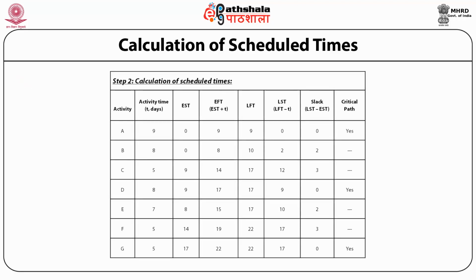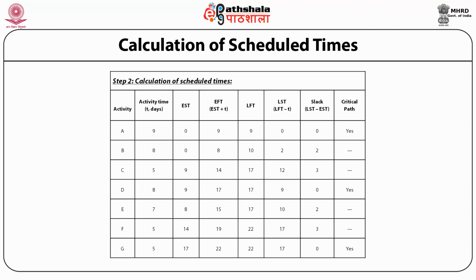Calculation of scheduled time. Activity A: activity time in days 9, EST 0, EFT 9, LFT 9, LST, LFT minus T, equal to 0, slack LST minus EST 0, critical path yes.